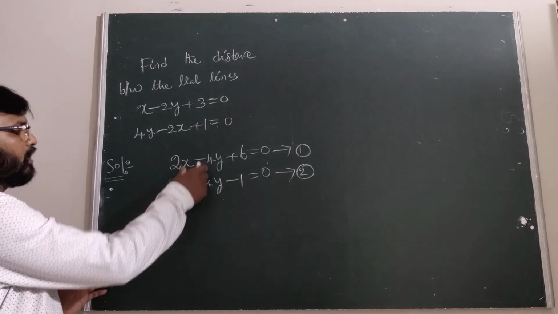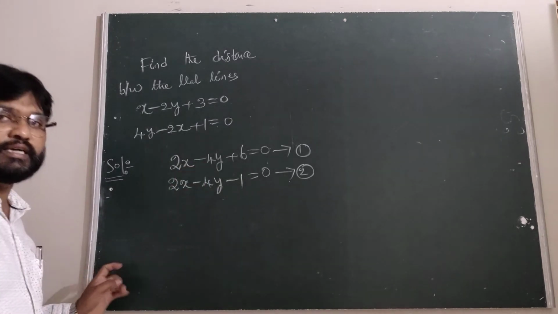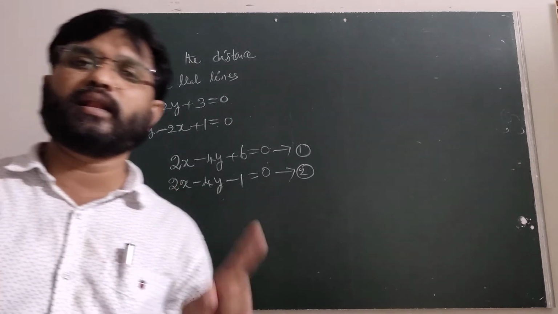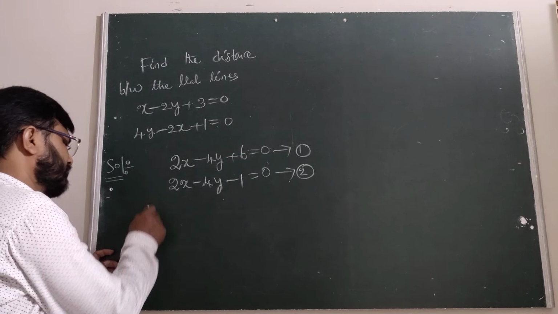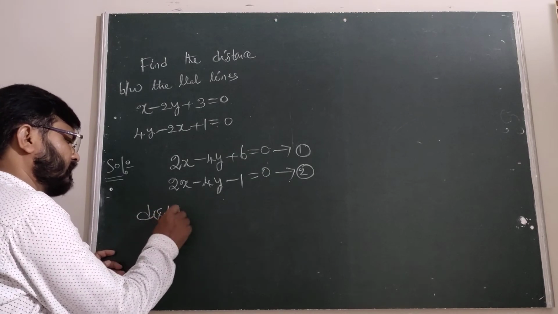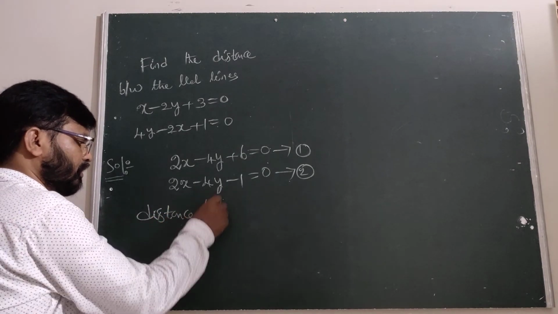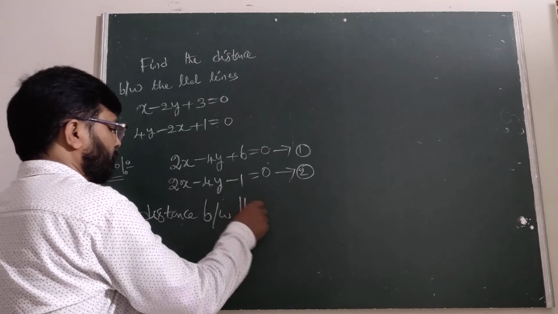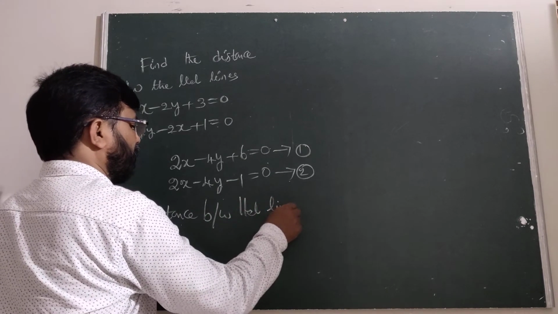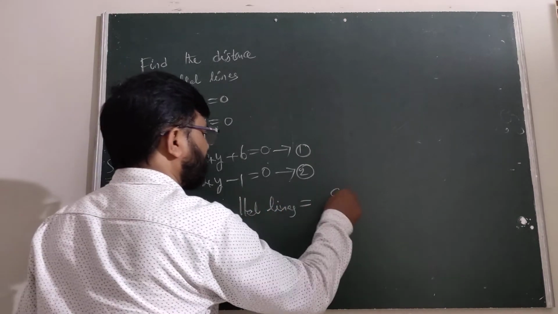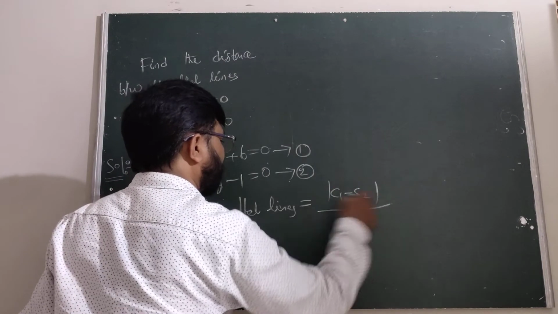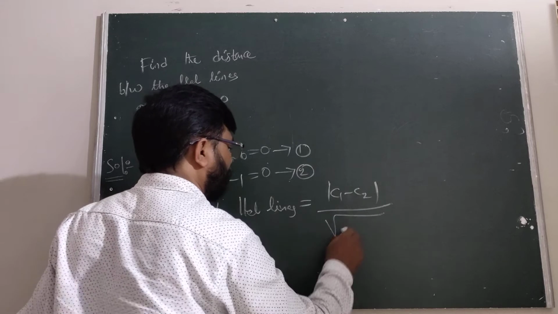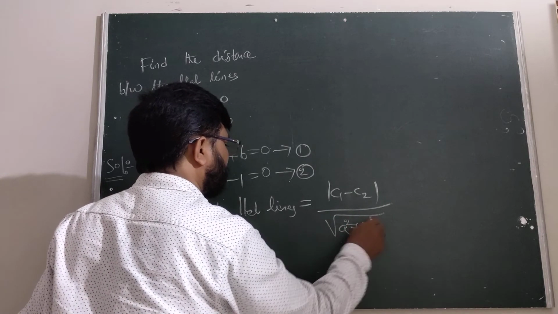Now these two are the parallel lines. The distance between the parallel lines is the modulus of c1 minus c2 upon root of a square plus b square.